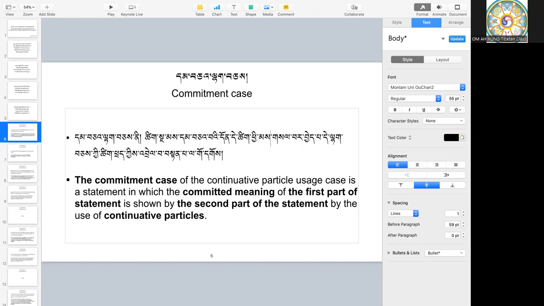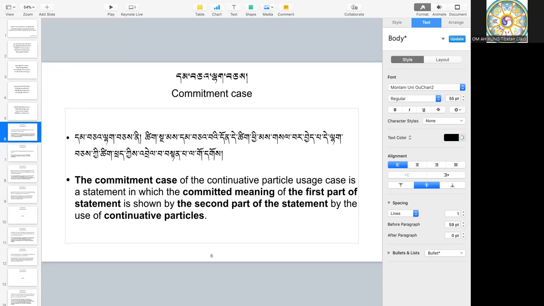The reason for the change in the meaning is not because this particle is different here. It's because the particle is used in a different type of statement, which is the usage case of that particular particle. Same particle, different usage case, different function.